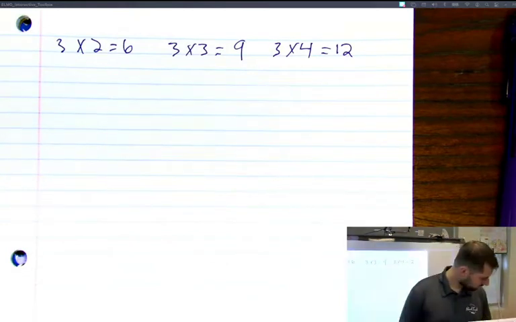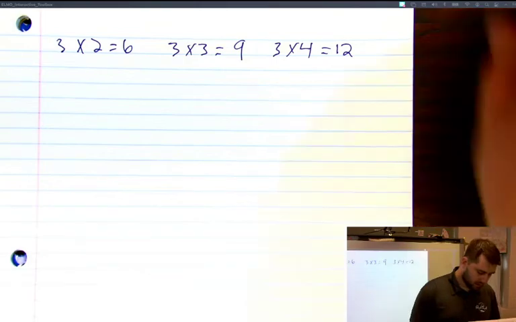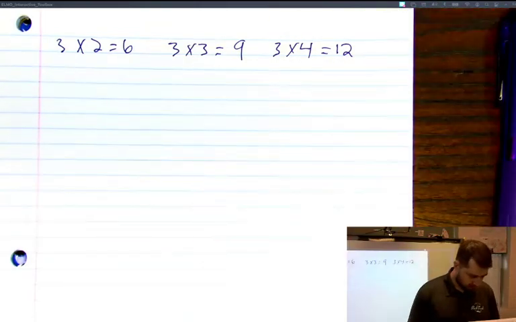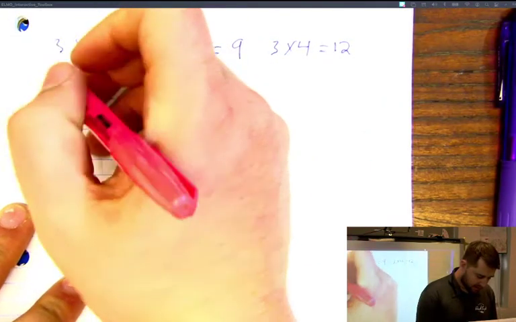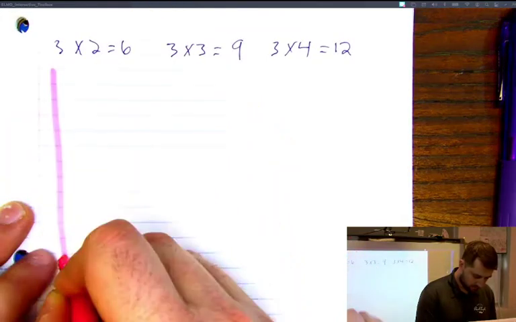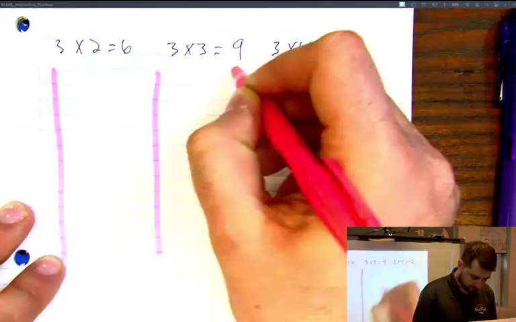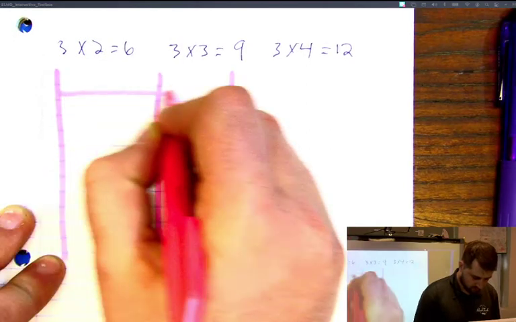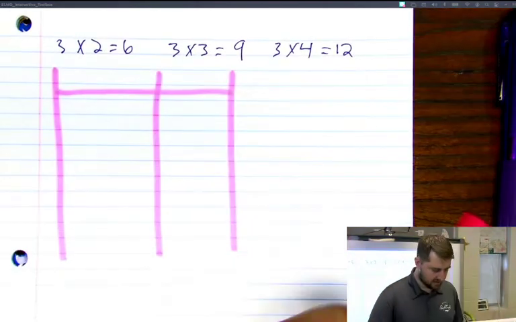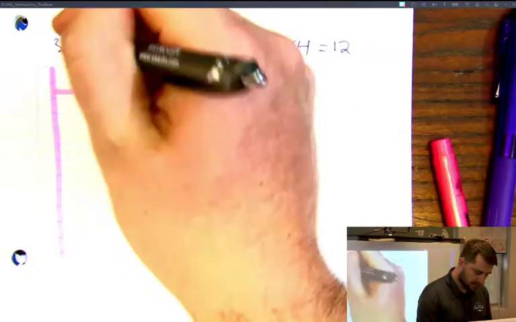All right, the first thing we want to do is make a place value chart. Our first place value chart is just going to have 2 columns. Our first column is the ones place, and the second column is the tenths place.